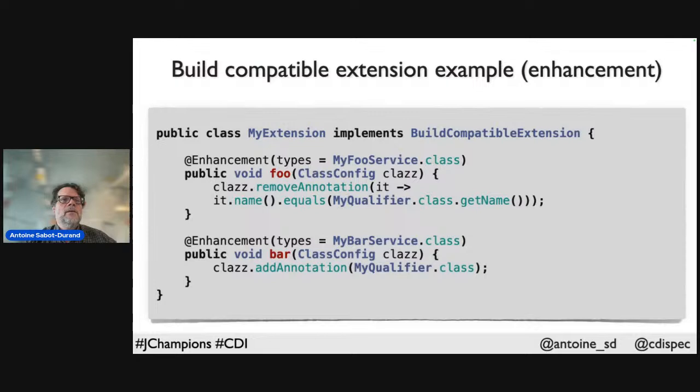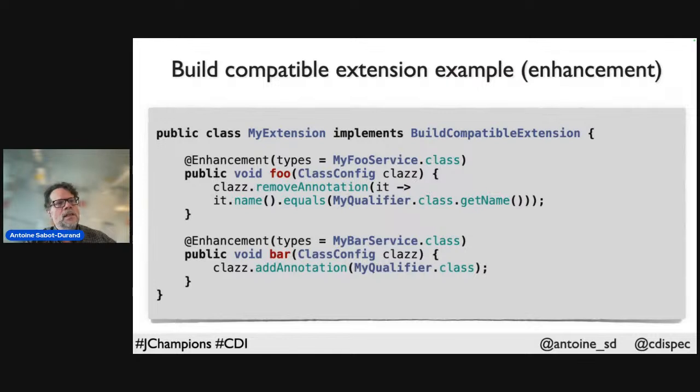So here I have a very basic and stupid extension. This extension is doing two different things. It detects a myFooService class. On this myFooService class, it removes an annotation myQualifier if it exists.